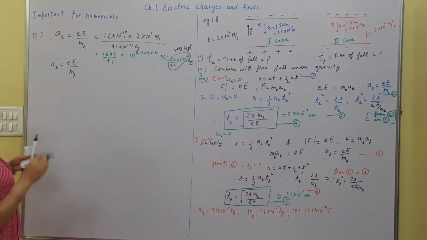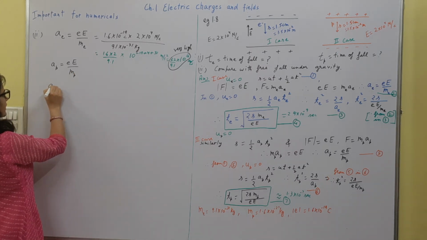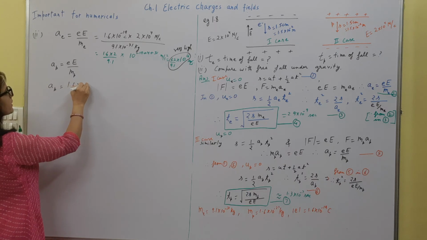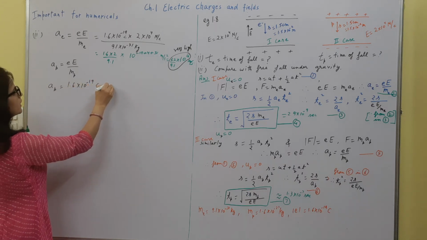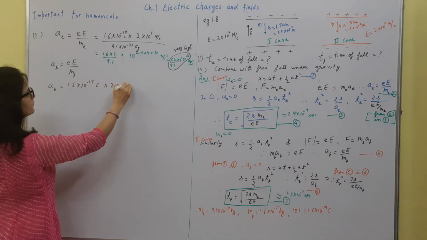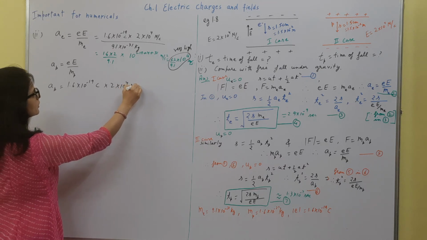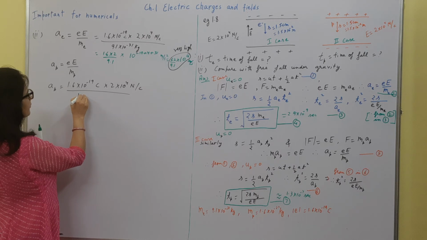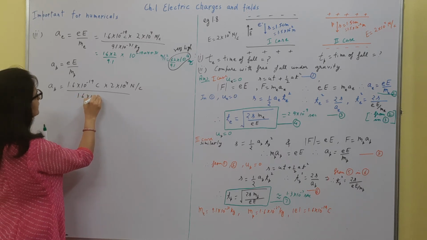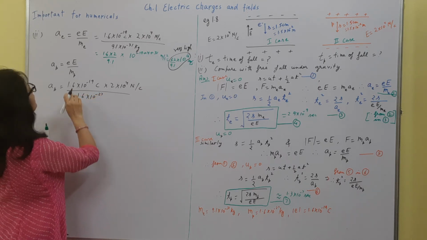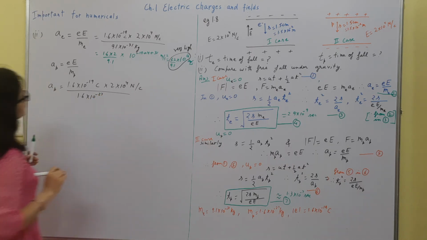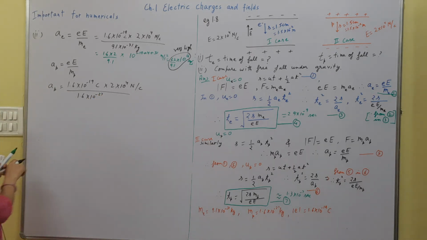Now in this case also we can calculate that the acceleration of proton is 1.6 into 10 to the power minus 19 coulomb into 2 into 10 to the 4 Newton per coulomb upon, again, 1.6 into 10 to the power minus 27 kg. If we solve this, the 1.6 will be cancelled.